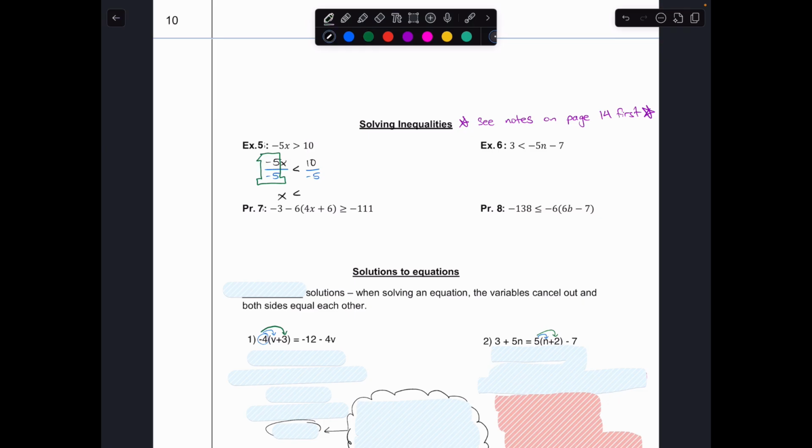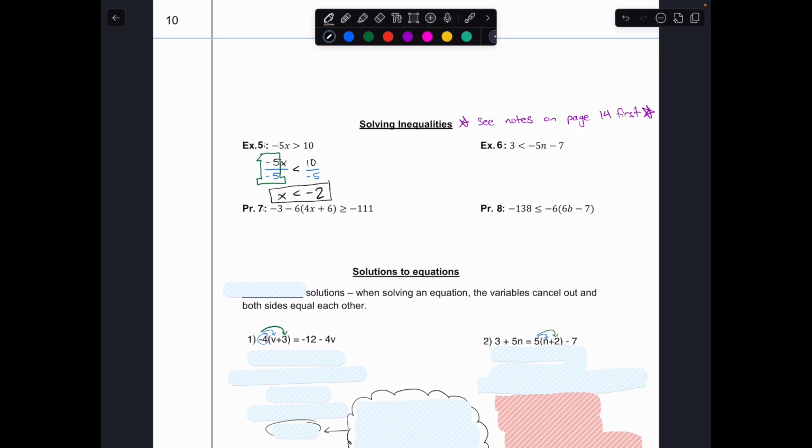On the right side, 10 divided by -5. Well, a positive divided by a negative is going to be negative. And 10 divided by 5 is 2. So negative 2. And we could graph that just like we did in the notes above if we needed to.